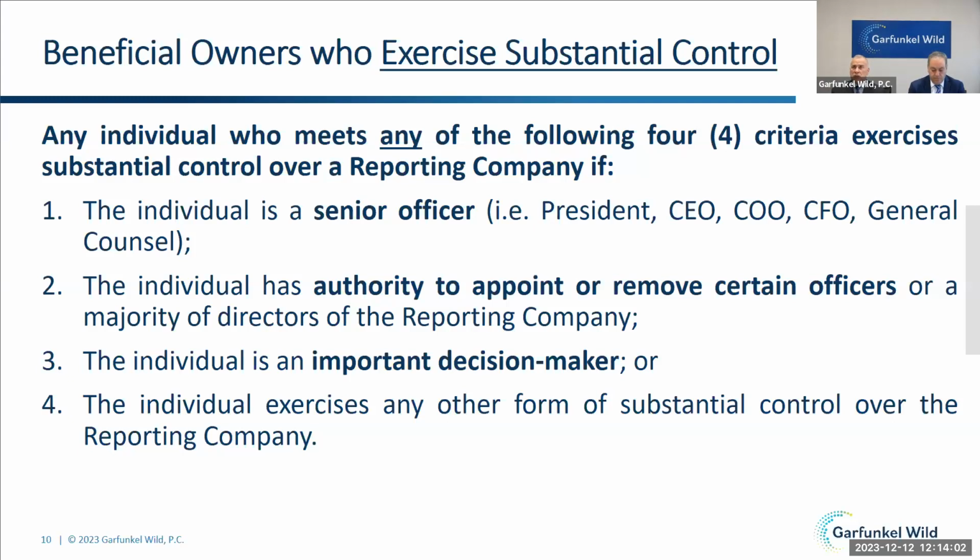The individual has the authority to appoint or remove certain officers or a majority of directors of the reporting company. So if an individual has such authority to appoint or remove officers, that again satisfies the beneficial ownership test. The individual, and again, this is a very, very amorphous term, is an important decision maker.